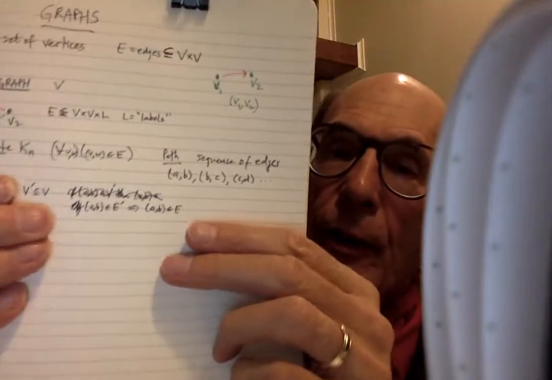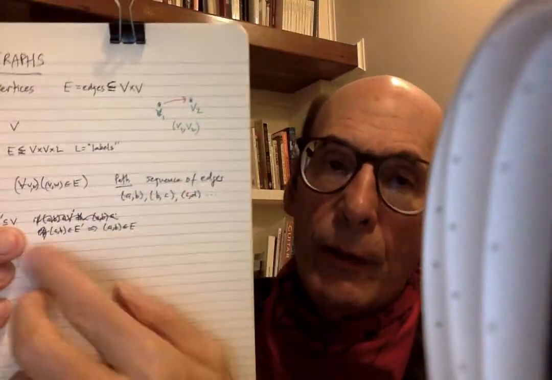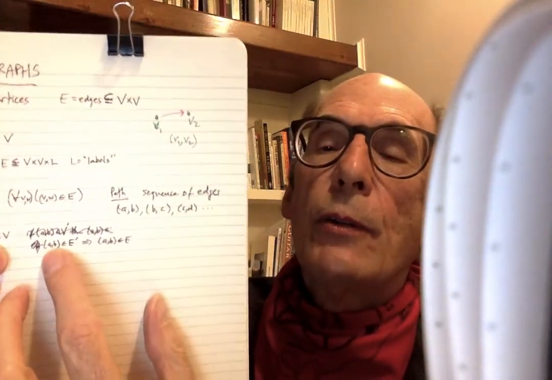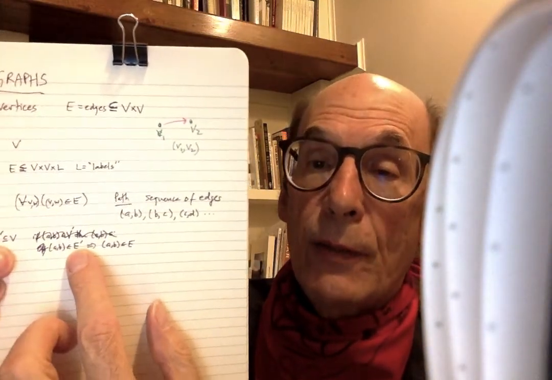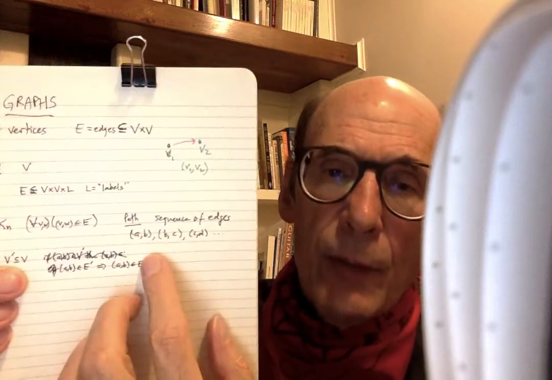If I have an edge AB that is in the subgraph edges, then it must have come from the original graph edges. So finally, with all these crossouts, but I guess you can graph from my crossouts or something. So if you have something that's in the edges of the subgraph, then that must have come from the original graph. You don't introduce new edges. So that's what makes it sub. You get some of the old ones.